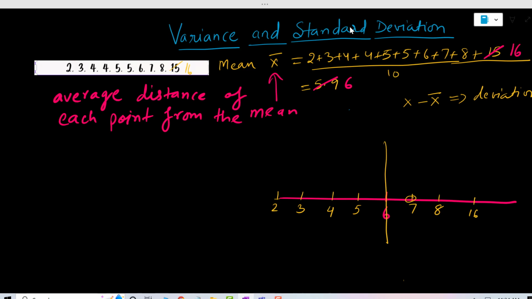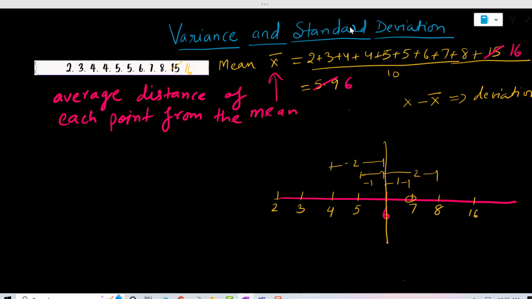So if we see, this is 7 minus 6 and it is 1, right? Similarly here we have 2. Now when we come to this side, deviation becomes negative, right? It is minus 1 in this case, and let's say minus 2 in this case, and so on, right?